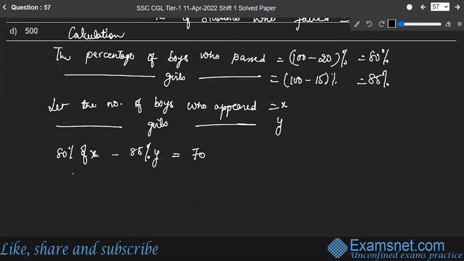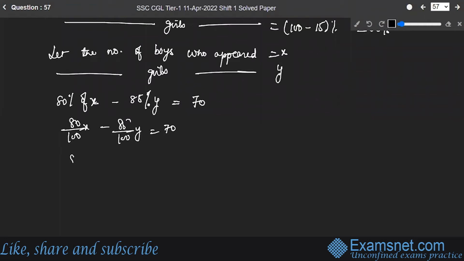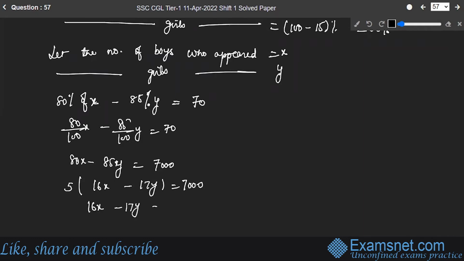So that means 80 upon 100 of X minus 85 upon 100 of Y is equal to 70. 80x minus 85y is equal to 7,000. I'll take 5 common to reduce my calculations. Then there will be 16x minus 17y equal to 7,000 divided by 5, which gives you 1,400. Let's name this as 1.